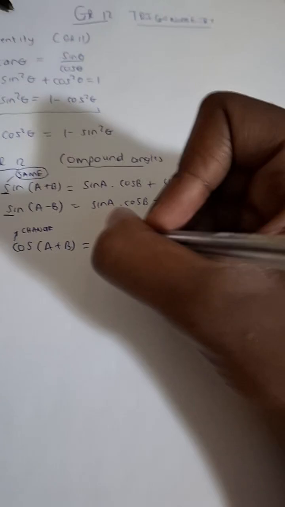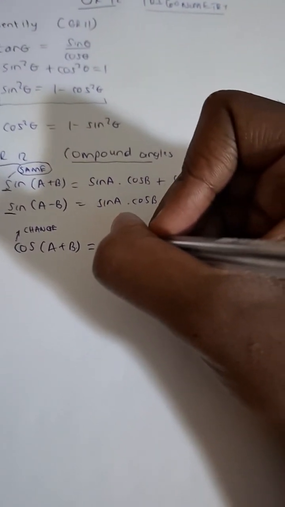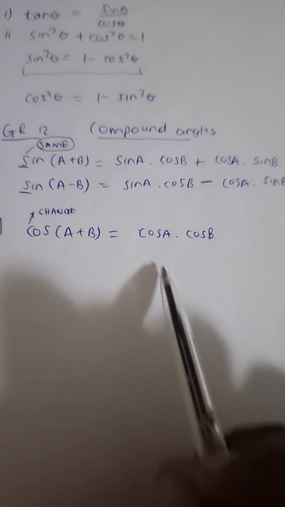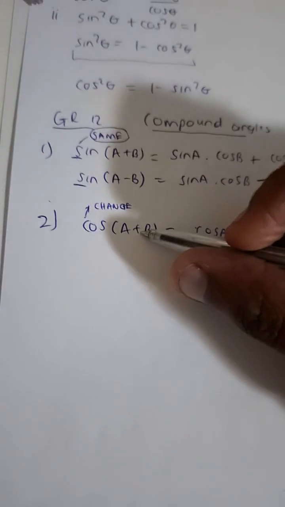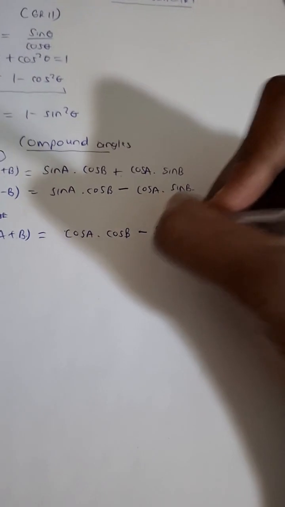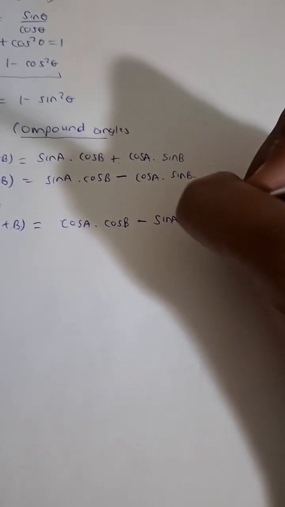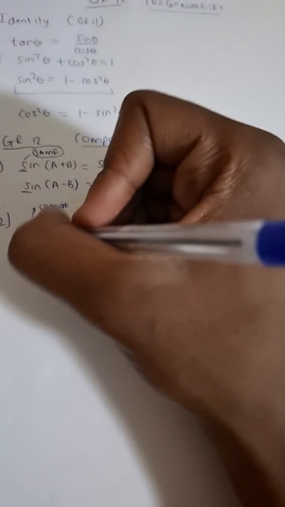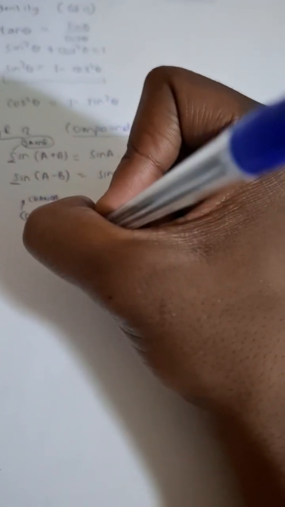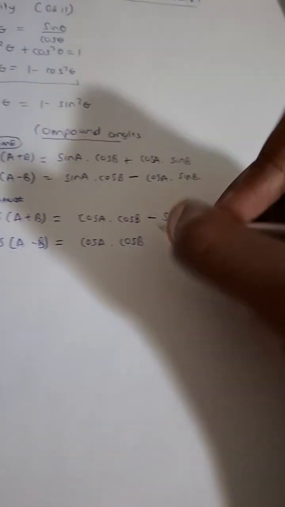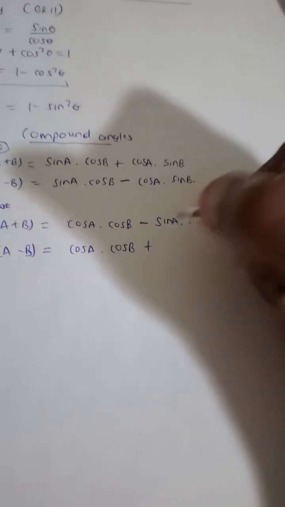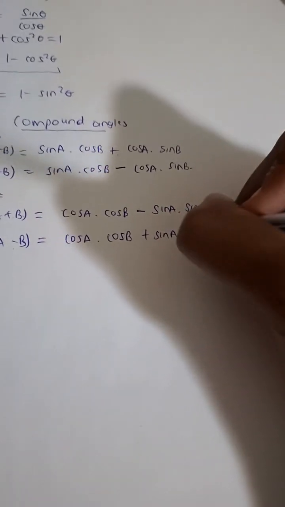So cos of A plus B is cos A cos B, and then the sign changes: if it was positive, it becomes negative, and then it's sine A sine B. Then if we have cos of A minus B, in the same vein, you have cos A cos B, and since it is negative, you say plus sine A sine B.